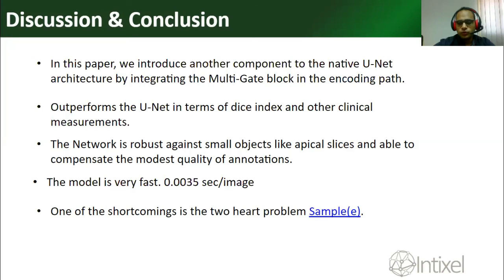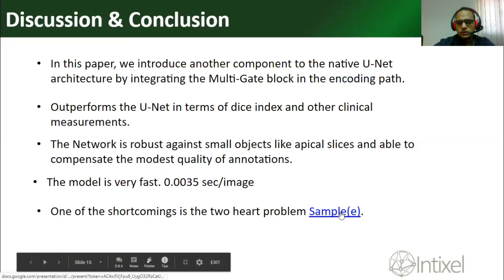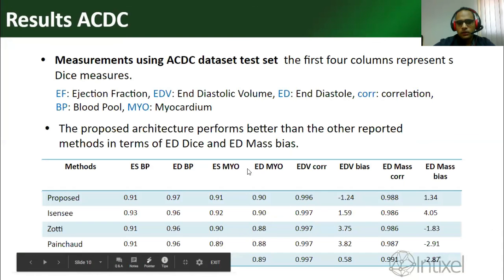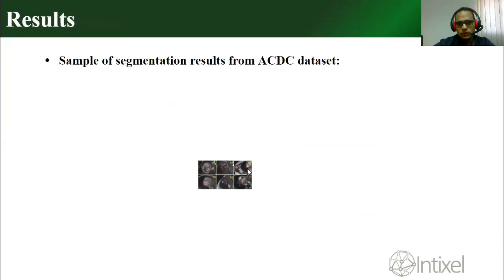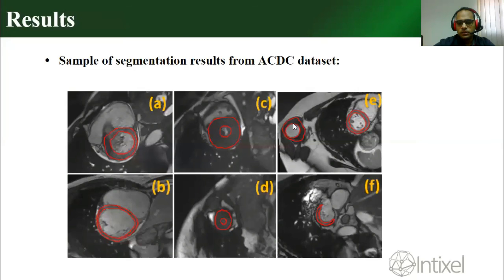However, one of the shortcomings of the model is in this case. In this case, it detected 2 hearts instead of 1 heart. We believe this issue appears because of the introduction of the multi-gate block.